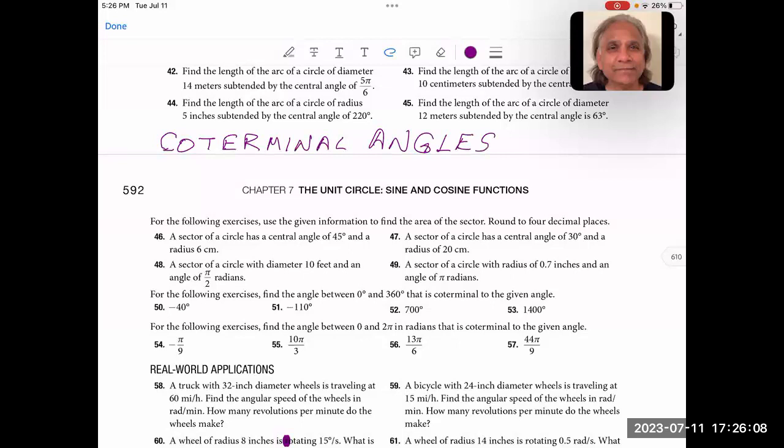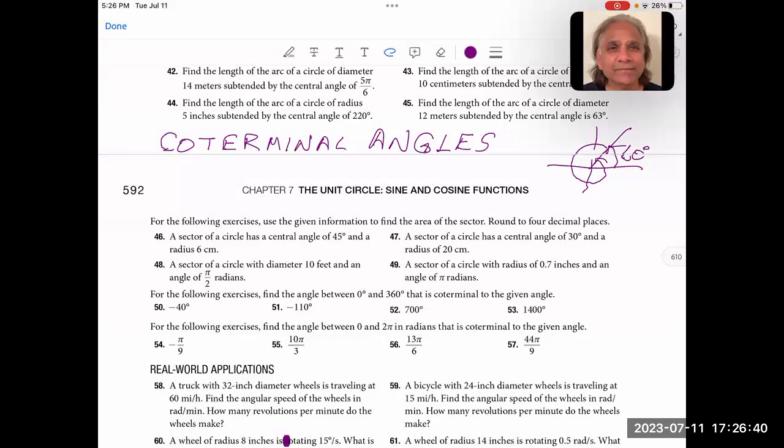Let's say that you have an angle of positive 60 degrees. And then if you keep going in the counterclockwise direction and go one full circle and come back to the same terminal side, so basically you have added one full circle or 360 degrees to this angle of 60.